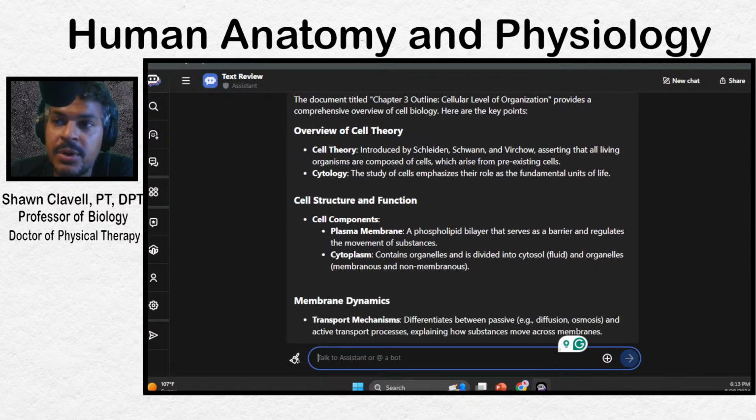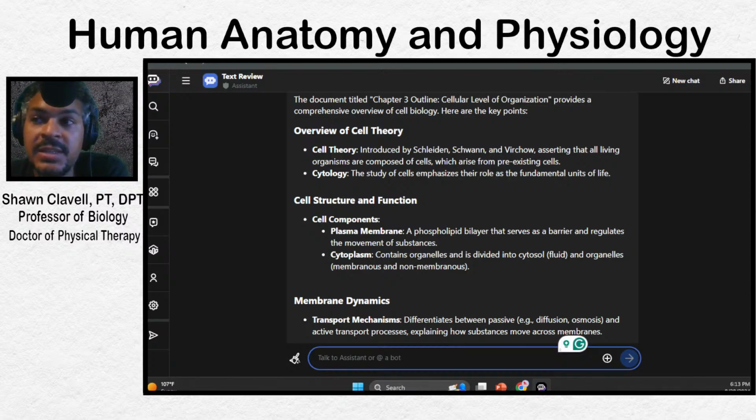The next part is cell structure and function. We talk about the cell membrane, the plasma membrane, a phospholipid bilayer that serves as a barrier and regulates the movement of substances. The cytoplasm contains the organelles and is divided into the cytosol, which is the fluid, and the organelles, which are structures like your mitochondria and rough endoplasmic reticulum.